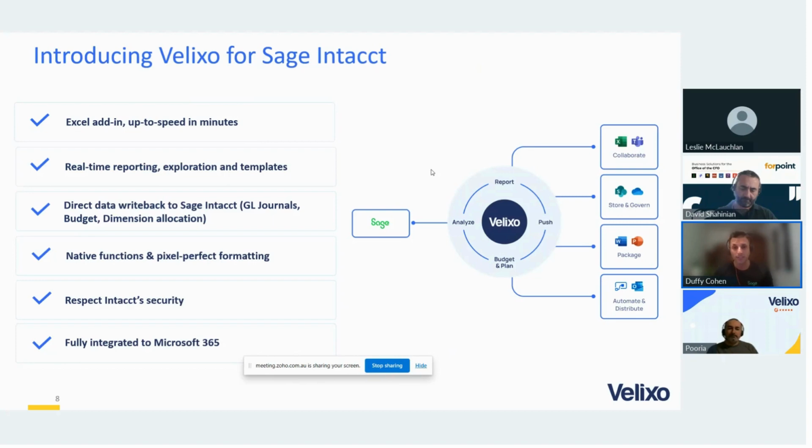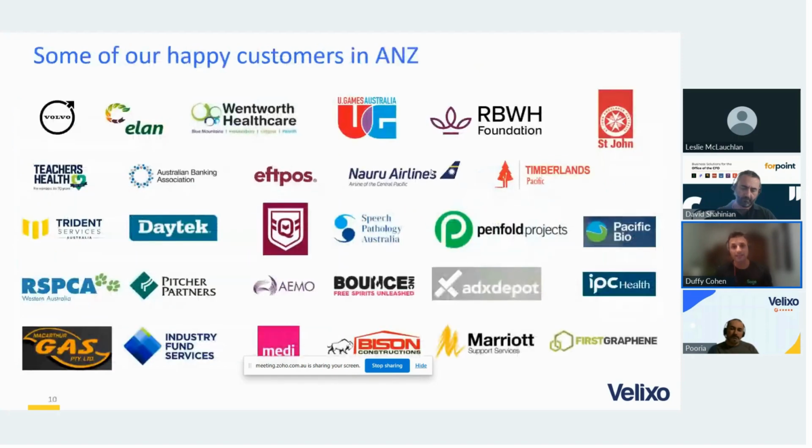If there's someone on your team, let's say, who doesn't have access to specific data within Sage itself, whether it's budgeting or specific screens, when they're trying to use Velixo, they will still be restricted in accessing or even viewing that data. So again, we mirror those permission rights that are set for each individual user in Sage when they're using Velixo.